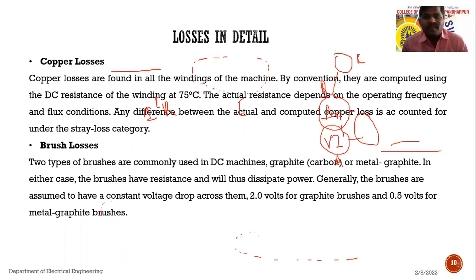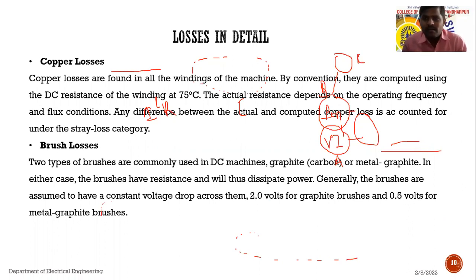By convention, they are computed using the DC resistance of the winding at 75 degrees Celsius. So by convention, we compute this copper loss when the machine is running and the winding temperature has increased up to 75 degrees Celsius, and then we calculate the resistance.